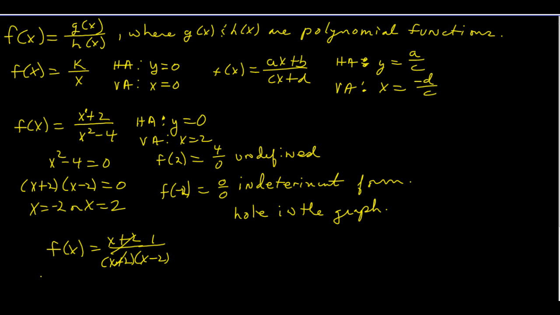And what I get is an equivalent equation, 1 over x minus 2. Those two graphs, f of x equals 1 over x minus 2, and f of x equals x plus 2 over x squared minus 4, will be identical everywhere except that one point. And that one point is where x is negative 2. It's indeterminate, and that means it's a hole in the graph.